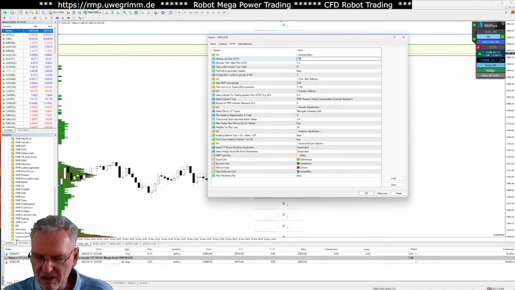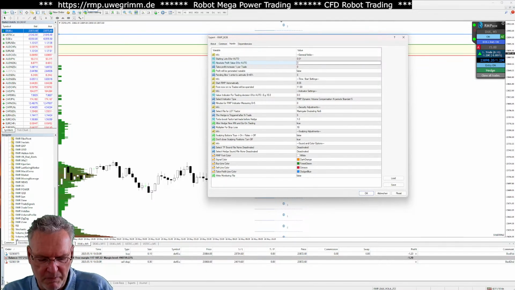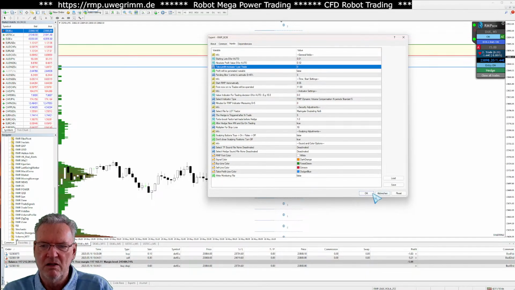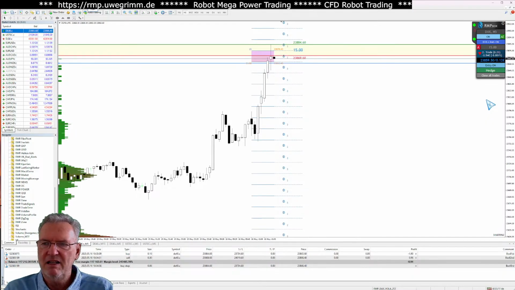You say, I want to start with 1 cent per point so I cannot make a big loss. Yeah, well, a small loss, but I also will not make a big win. So then you will put here 0.01. You know the lots are the risk. So the lower the lots, the lower the risk.